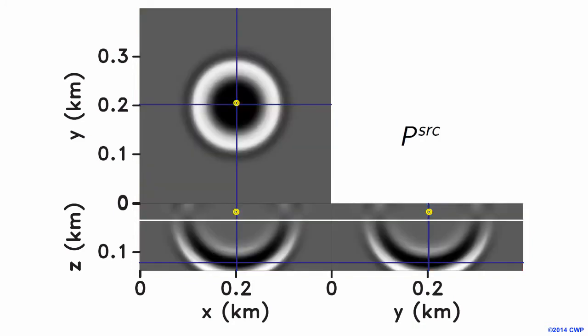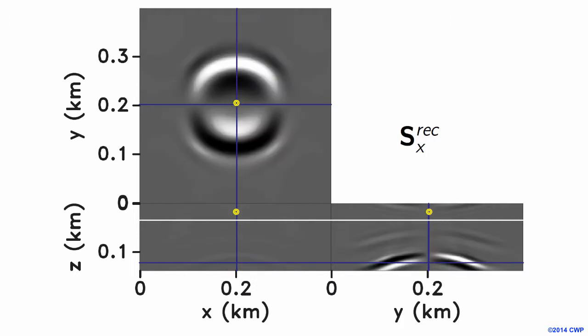If I want to compute the PS image, I construct the source side P wavefield, and on the top left panel, we observe a uniformly distributed circle. And then we construct the receiver side S wavefield. And this is the X component. In the snapshots, we observe a polarity change in the waves.